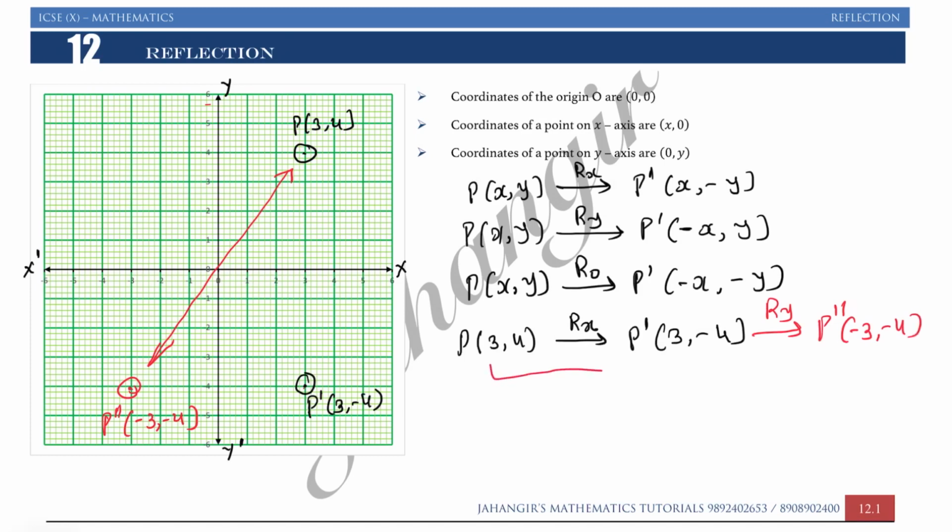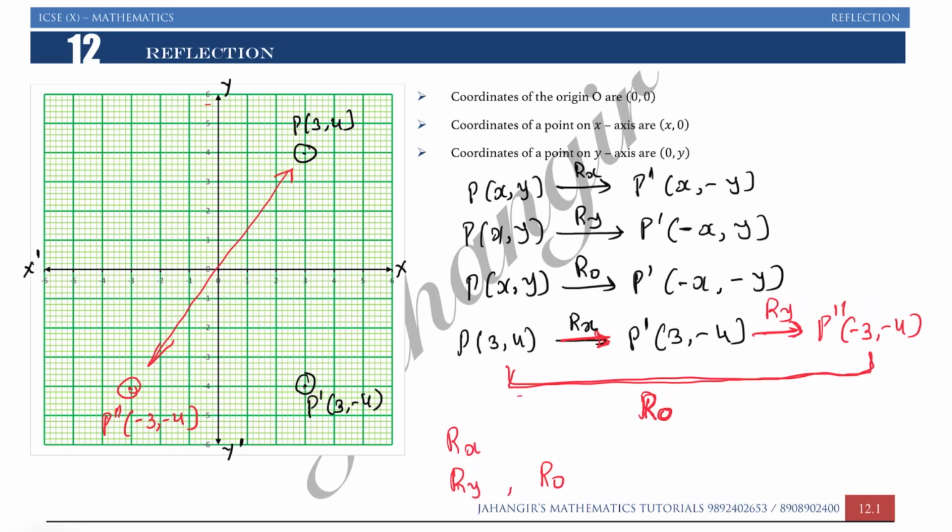So if you say single transformation from first to ending, what will be the single transformation? This is reflection in origin. See, there are three reflections: first reflection in X, reflection in Y, and reflection in origin. So when you are reflecting in X followed by Y, the single transformation will be origin.